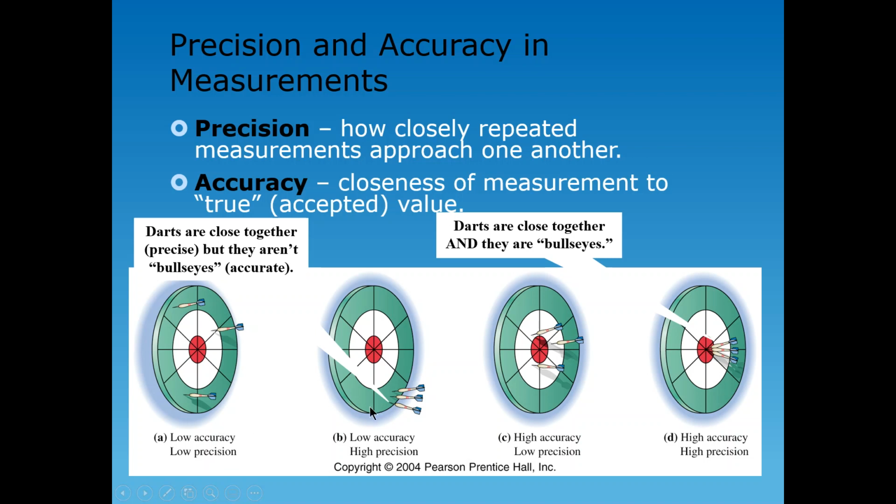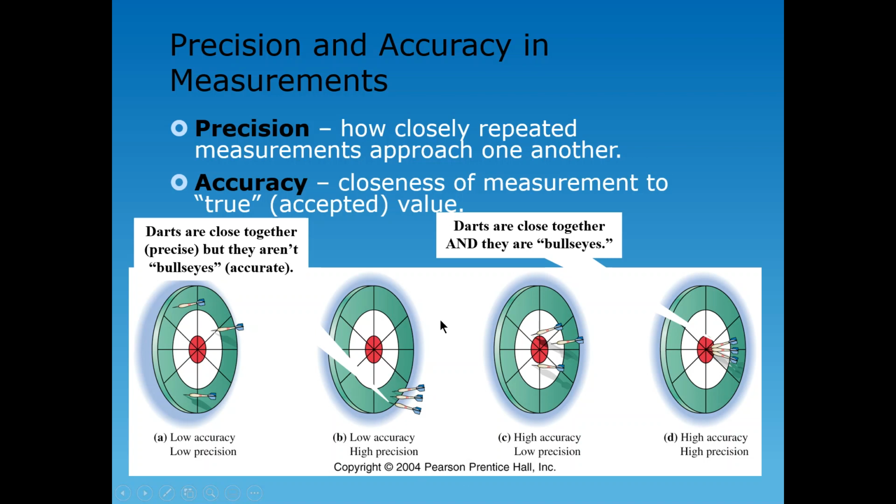In this case, B, where this person threw the darts on the dartboard, they all end up pretty close to each other, but far away from the bullseye. So these measurements are close to each other, but they are far from the bullseye, which represents the accurate value. So this represents a situation of low accuracy because it's far from the bullseye, but high precision because these values are close to each other.